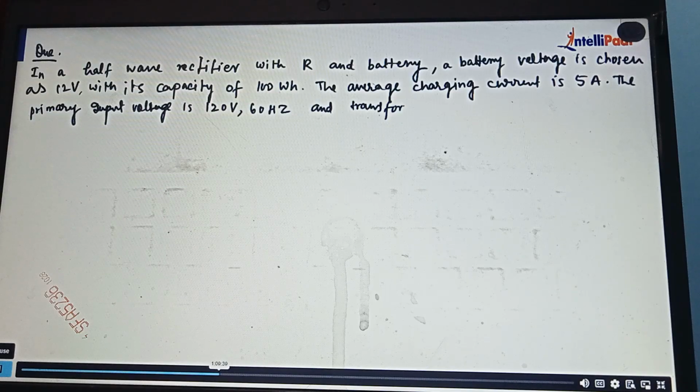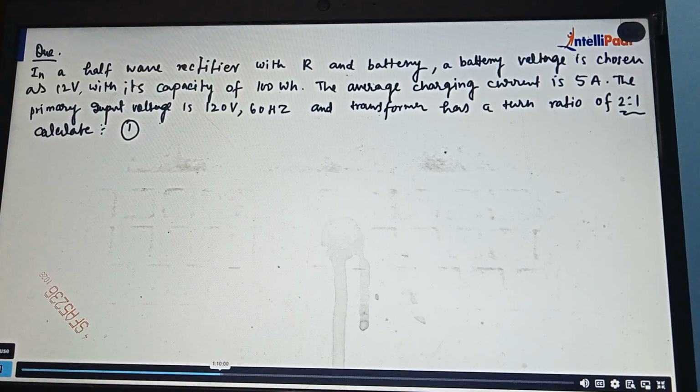The transformer has a turn ratio of 2 is to 1. This is important. Turn ratio is 2 is to 1. Calculate: number 1, conduction angle of the diode.